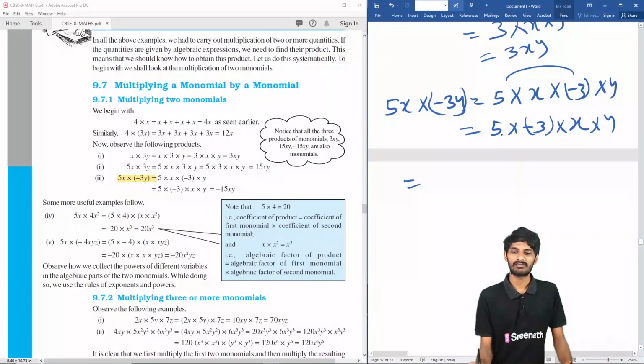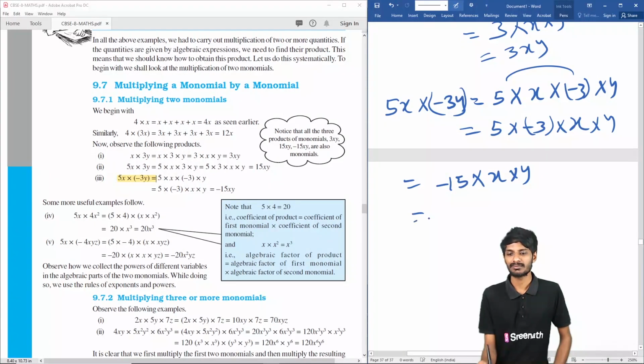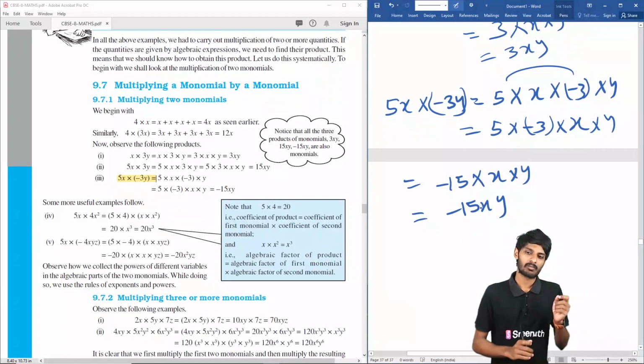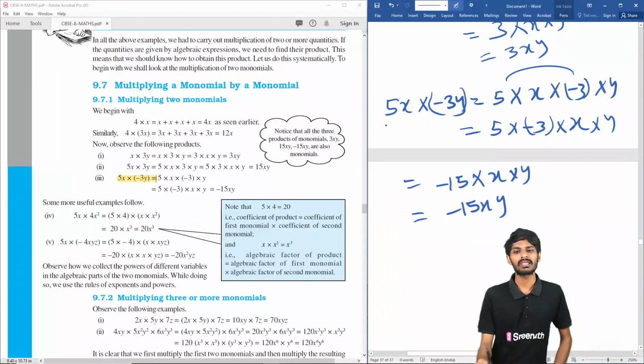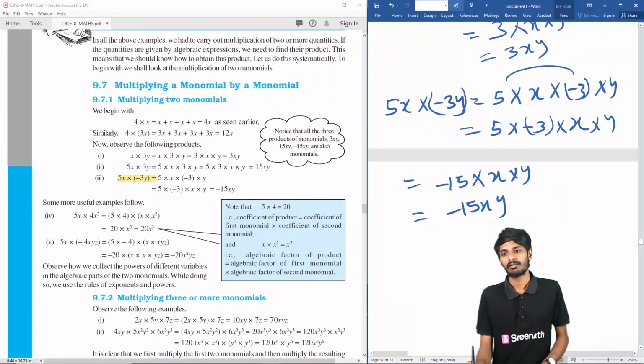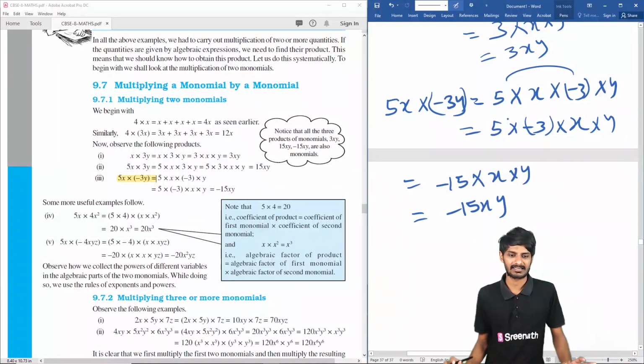And if you multiply 5 with 3, it is minus 15. 5 3s are 15, now into x into y. We can simply write it as minus 15xy. So this is the process of doing multiplication. Simply write everything with the multiplication symbol, and if there are any numeric numbers, bring them first and multiply those numbers and write the remaining as it is.